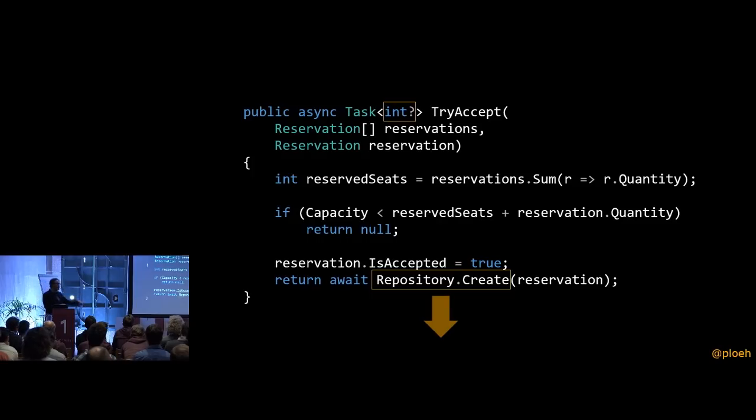So if I move repository create to the call side, I no longer have an integer to return. So instead of having an integer to return, I need something other than an integer. I'd like to return something like nullable of reservation instead, but now I'm running into this type constraint on nullable of t, that t must be a struct.